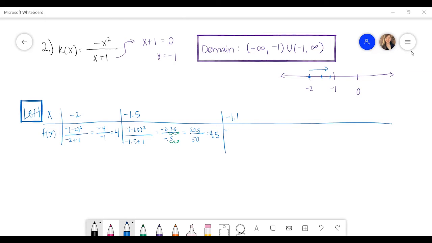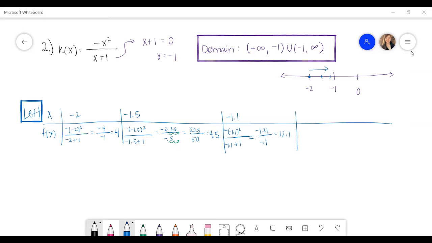So that would be negative 1.1 squared divided by negative 1.1 plus 1 equal to negative, because the one out front, negative 1.21 divided by negative 0.1. Again, we'll just move them over, or you could just throw it on a calculator, I suppose. But this gives us positive 12.1.